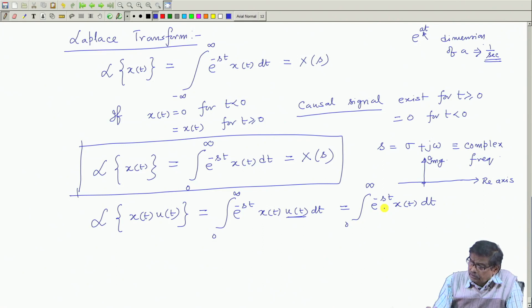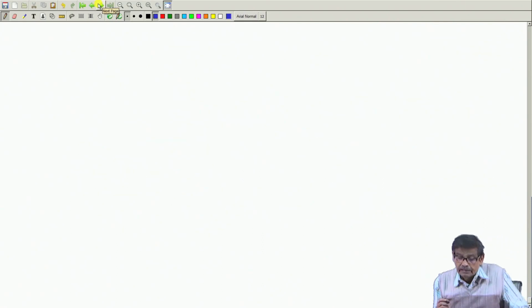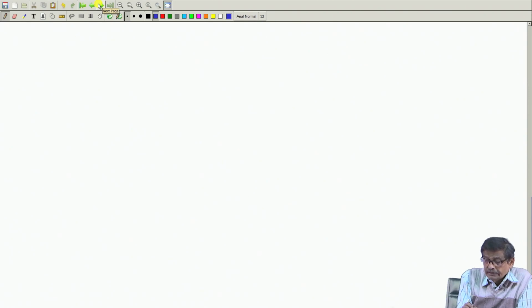Now, let us take a simple example. And we will come back to this sigma plus j omega business once again here. Suppose I ask you to find out Laplace transform of unit step function.